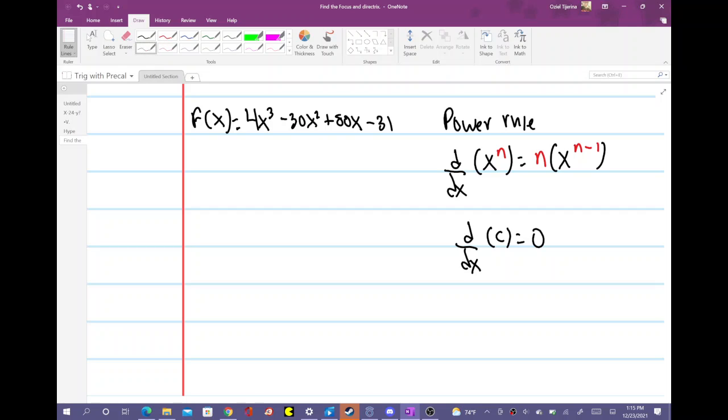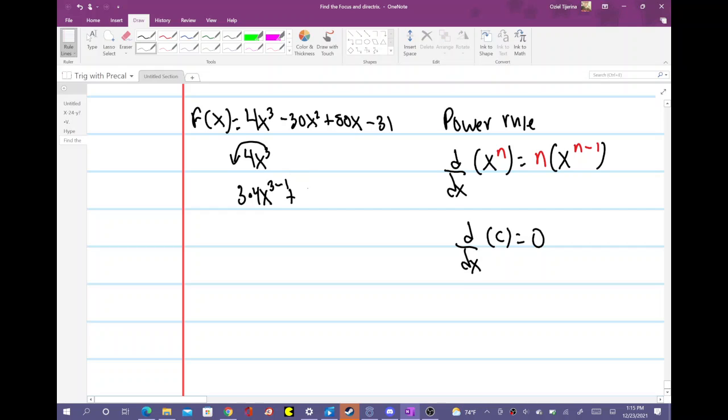The way we're going to do it, we have 4x cubed, we're going to bring the 3 to the front, so it's going to be 3 times 4x, and then we're going to subtract 1 from the exponent on top, so it's 3 minus 1, right? And we keep going.